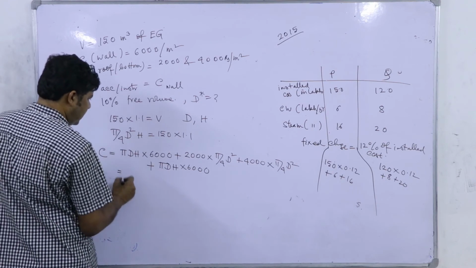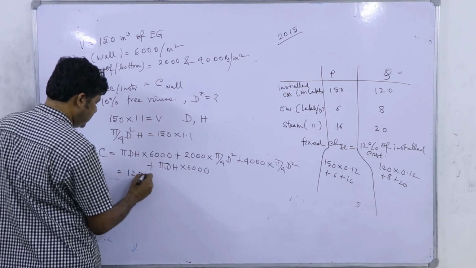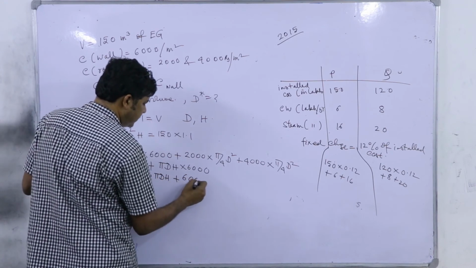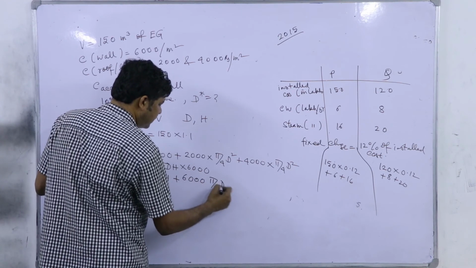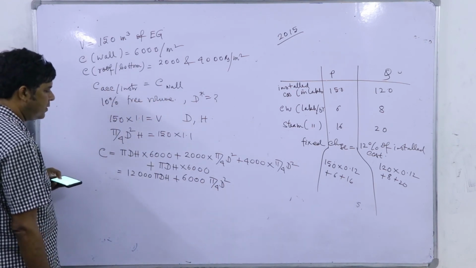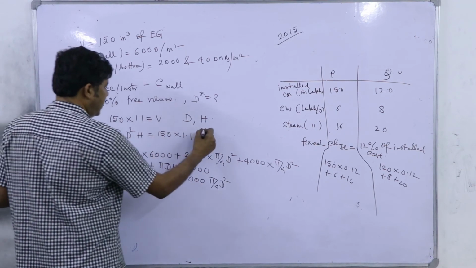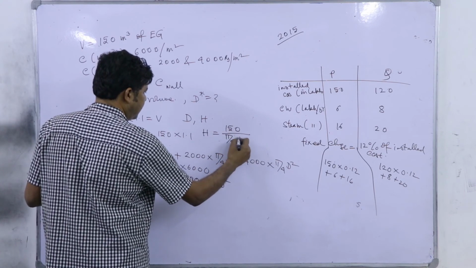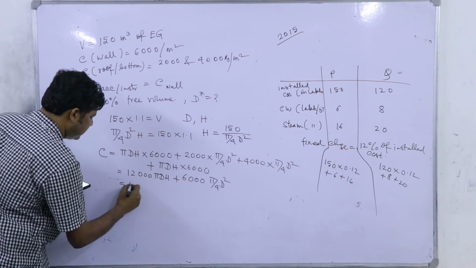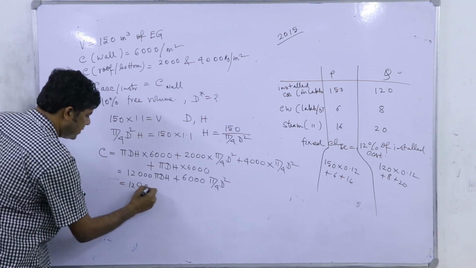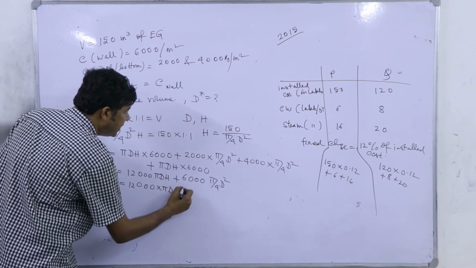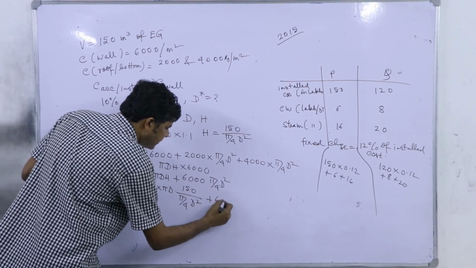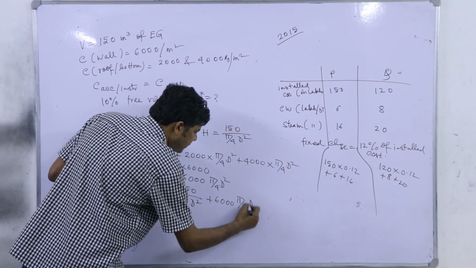So you see it is 12,000 pi D H plus 6,000 pi by 4 D square. Right. So this H is becoming 150 divided by pi by 4 D square. We go by direct substitution here, it is better instead of Lagrange multiplier. So 12,000 into pi D into 150 by pi by 4 D square plus 6,000 into pi by 4 D square.